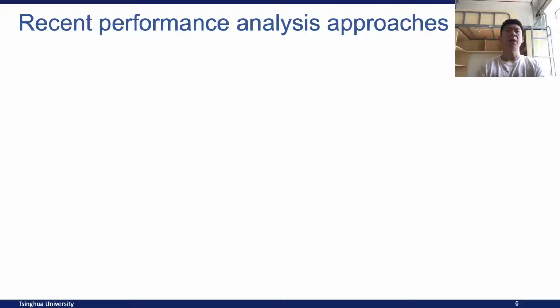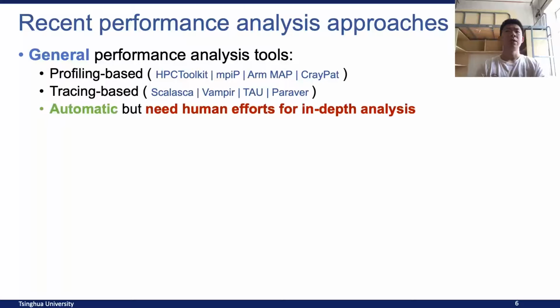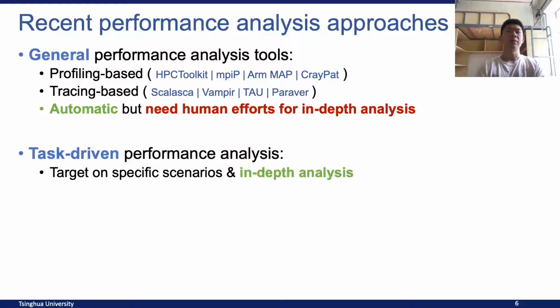Currently, there are mainly two kinds of approaches. First, general performance analysis tools, including profiling-based tools like HPCToolkit, mpiP, and OpenSpeedShop, as well as tracing-based tools like Scalasca, Vampir, and TAU. These general tools can automatically do some basic analysis, but they still need human efforts for in-depth analysis.